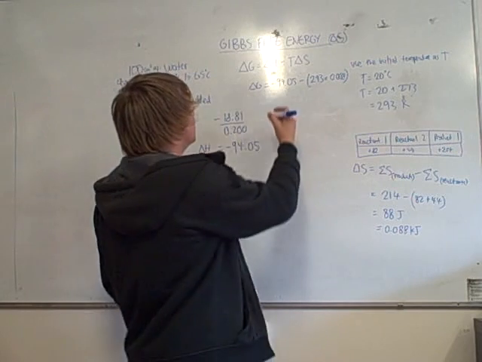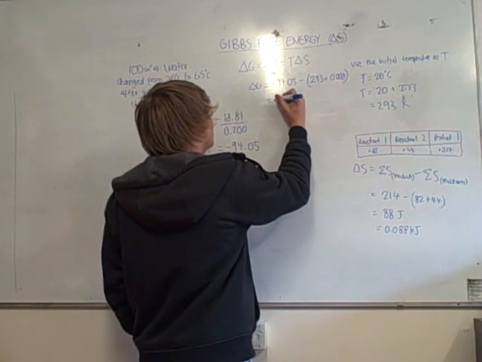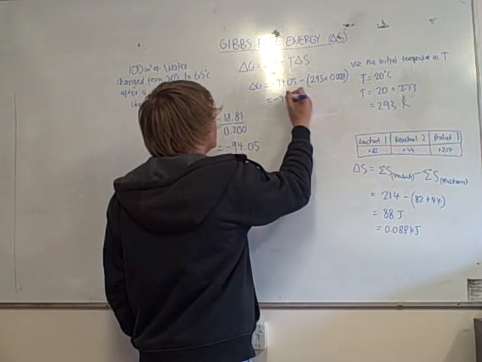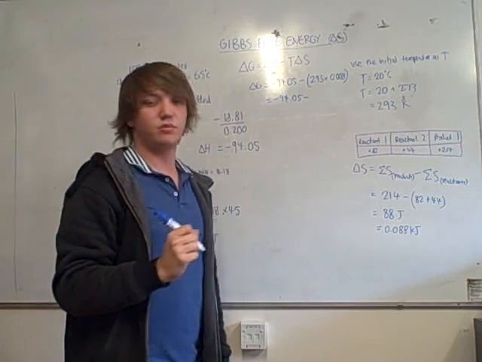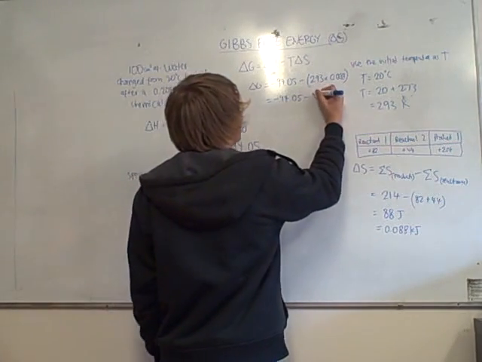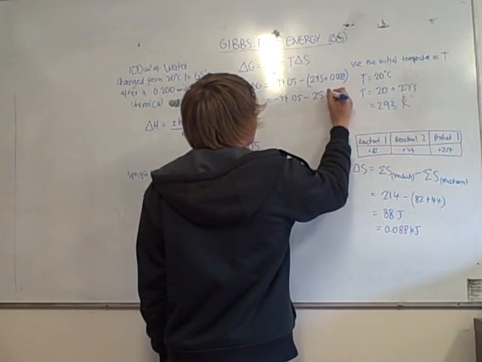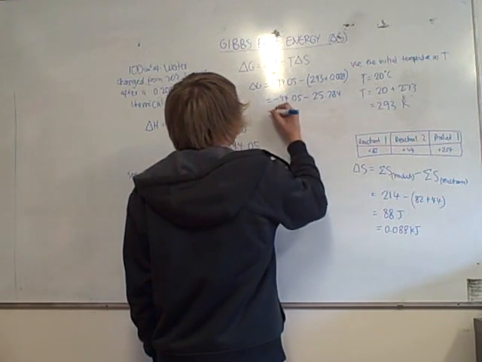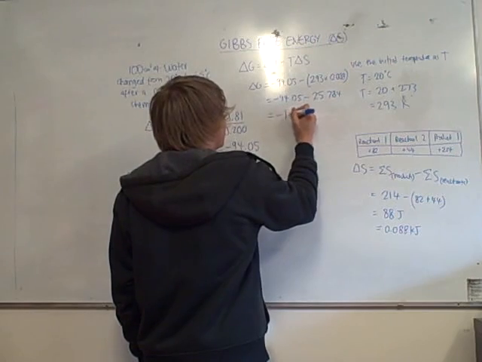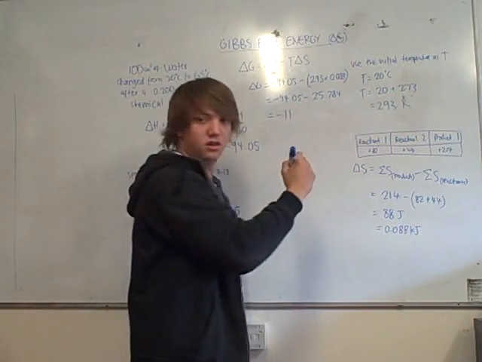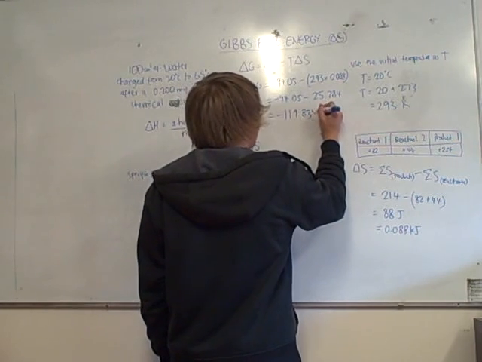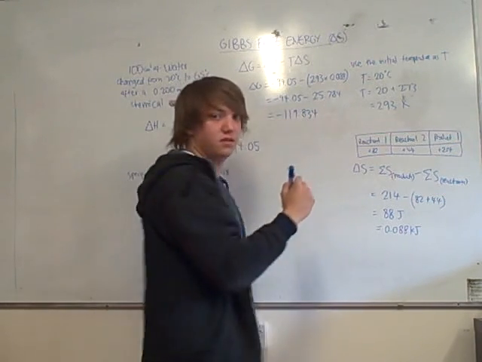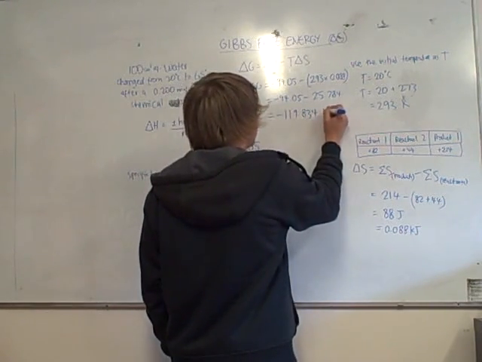So that gives you minus 94.05 minus 25.784, and then that equals minus 119.834. And that is in kilojoules.